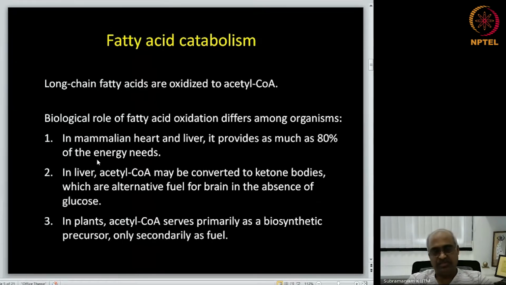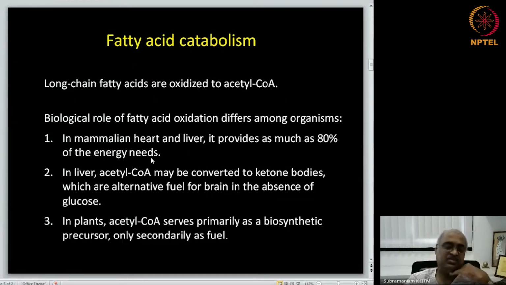For example, in mammals, in heart and liver, 80% of the energy comes from fatty acids, from primarily stored lipids. But you never want more than 30% of energy source coming from fat. Bulk of it coming from carbohydrate is what is really good for the overall well-being.